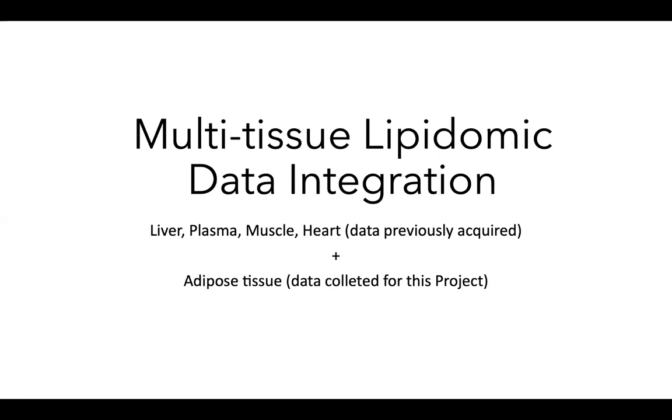Next we tried to go further in trying to link the increase in these species with the lipidomic data in other tissues. So we did a multi-tissue lipidomic data integration.